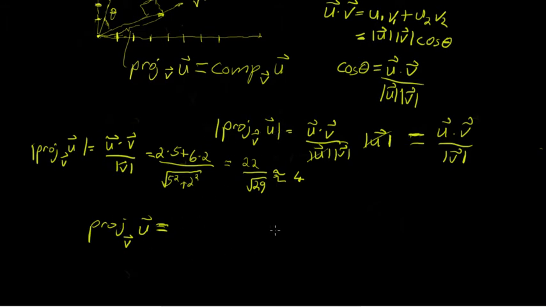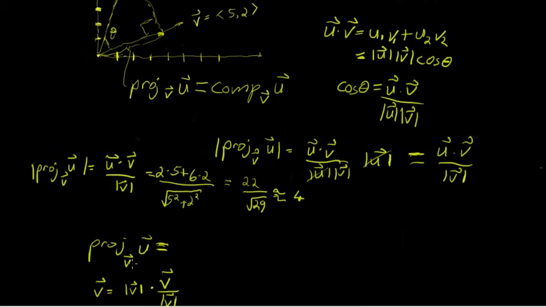So one way of writing vector v would be the magnitude of v times a unit vector in the direction of v, and it's going to be v over the magnitude of v. We've taken v and divided by its length to get a unit vector, a vector of length 1 in that direction. So we'll do the same thing here for the projection of u onto v.